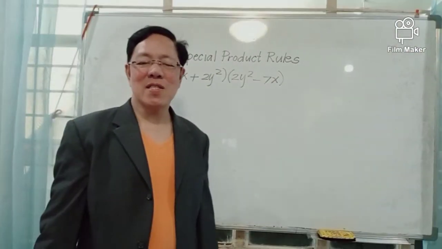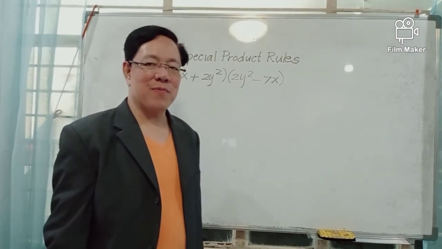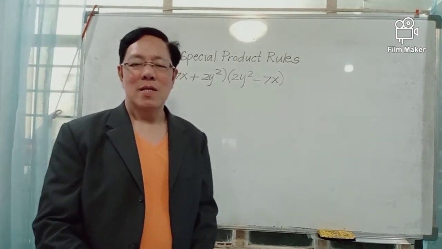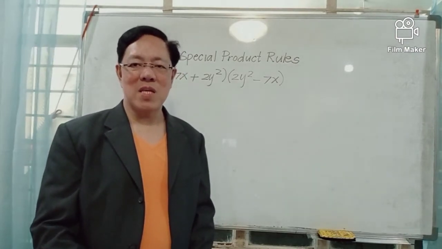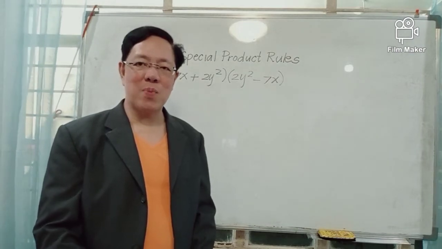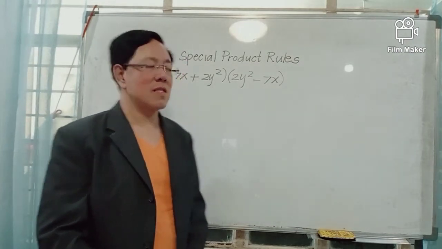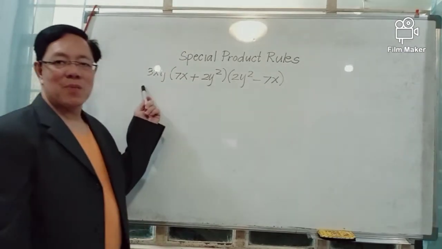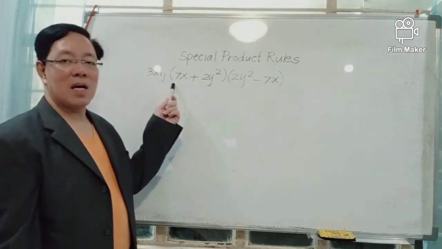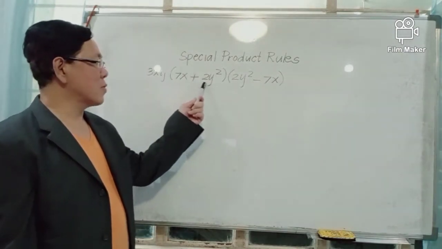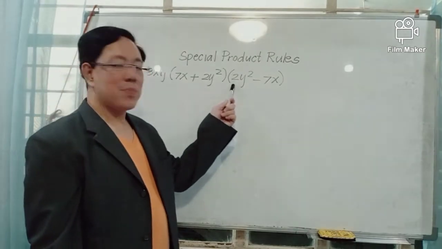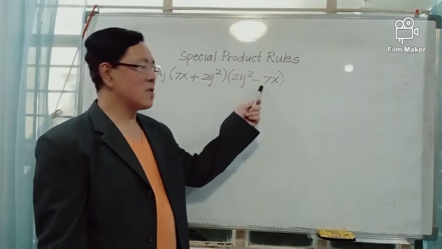We take another example for applying the first special product rule, the special product rule for the product of a sum and difference. We are given 3xy multiplied by 7x plus 2y squared multiplied by 2y squared minus 7x.